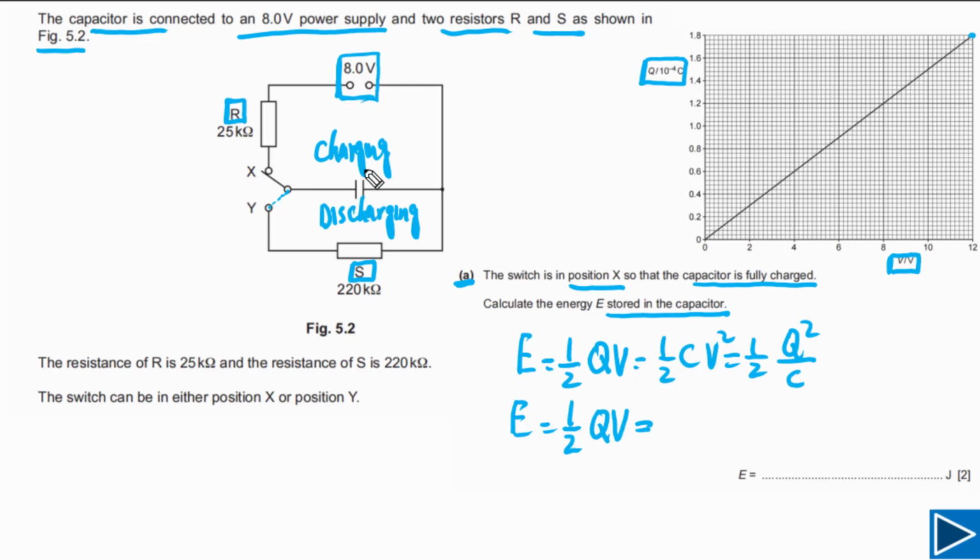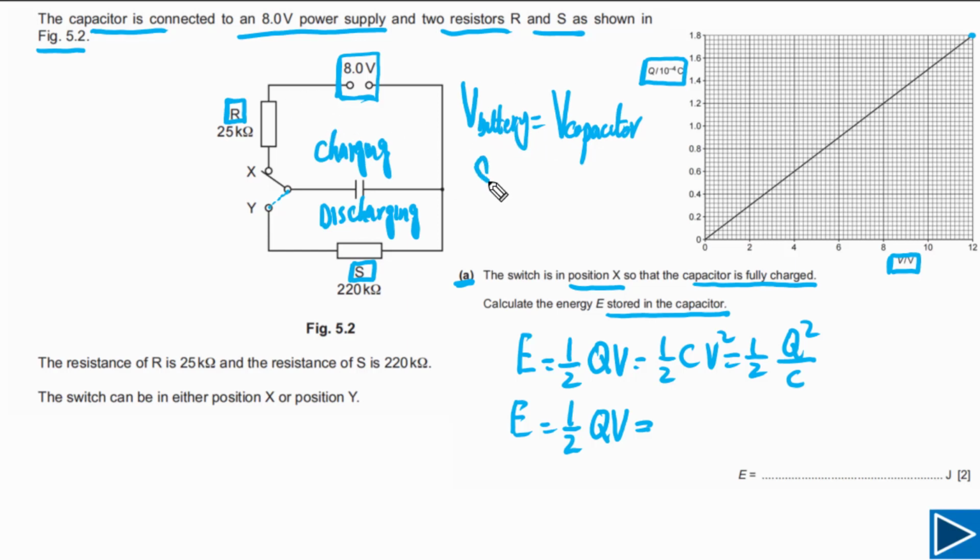When this capacitor is fully charged, meaning when there is no current flowing in this circuit, at that time the potential difference across the battery and the potential difference across the capacitor will be the same. So this is the capacitor. When the potential difference across the capacitor is equal to the potential difference across the terminals of the battery, current flow will stop.